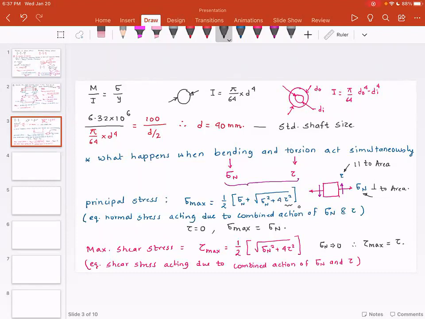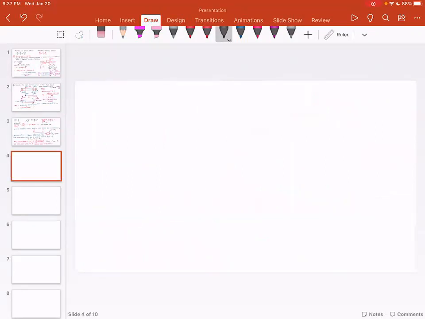So how do we design shafts when we have these two stresses simultaneously acting? There are two techniques. I'm going to show you the technique that you probably learned in mechanics of materials 343, and I would give you a simpler method, a sort of shortcut technique, to work out the problem.